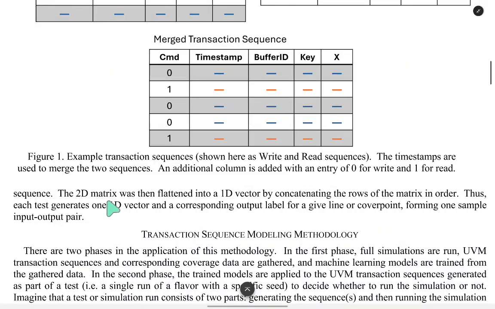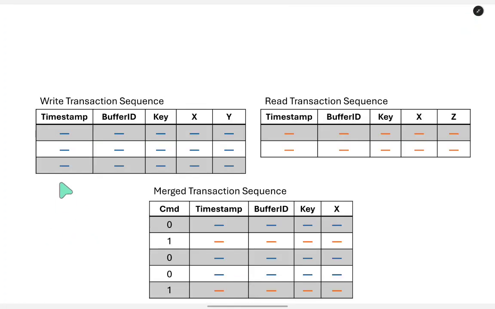The 2D matrix was flattened into a 1D vector by concatenating the rows of the matrix in order. Thus, each test generated one 1D vector and a corresponding output label for a given line and a cover point, forming one input-output sample pair.